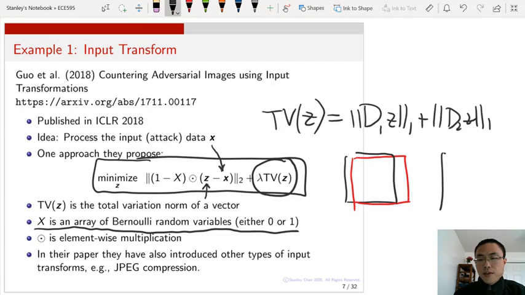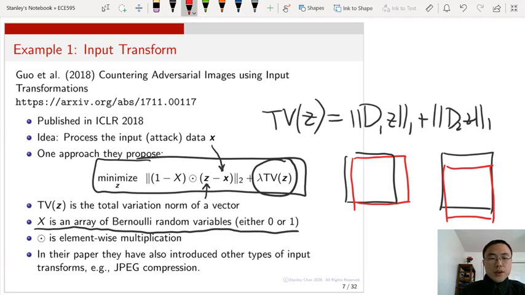Now, you can also do the vertical finite difference by taking the shift vertically. Then you can do this difference, and then once you take the former, subtract from the latter, then you can get this D2 times Z. And then the one norm just says that you're going to take the absolute value. So this is one type of total variation, and you can have many different forms of variations if you read the literature.